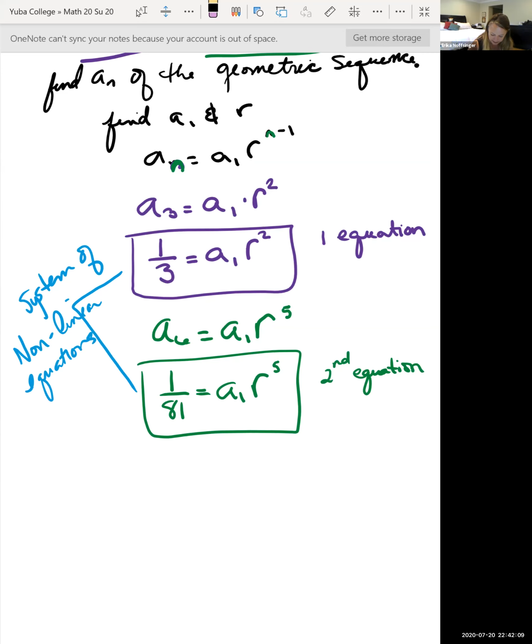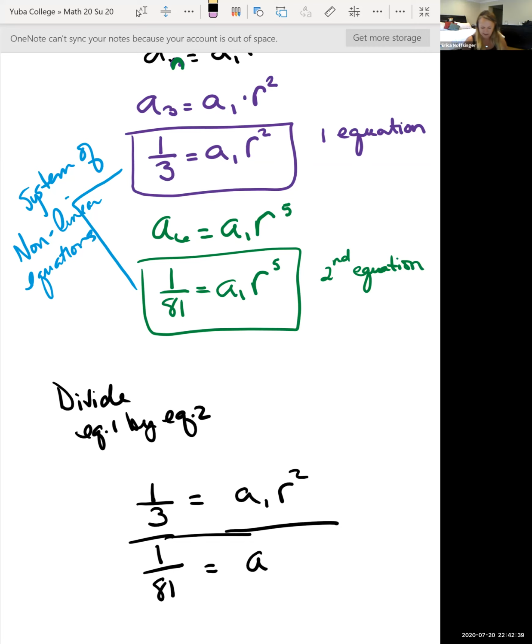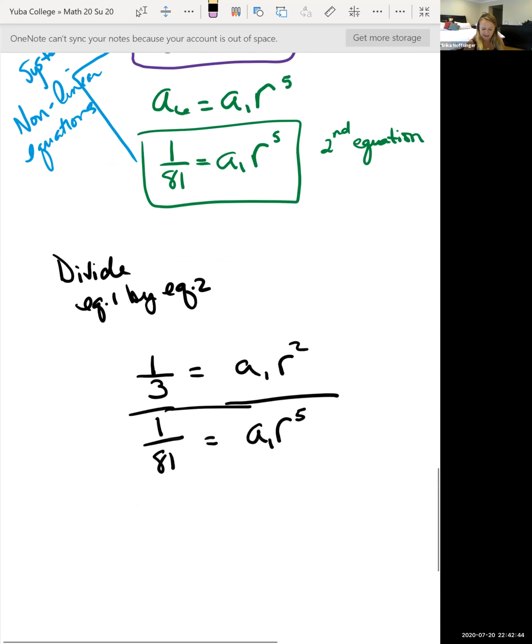If we divide equation 1 by equation 2, so 1/3 is equal to a sub 1 r squared, we're dividing this equation by 1/81 equals a sub 1 r to the 5th. Actually, it probably would have been better if we flopped it, but it's okay. We're going to get the same result.